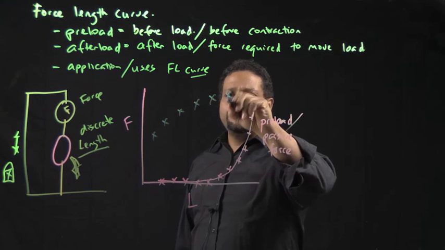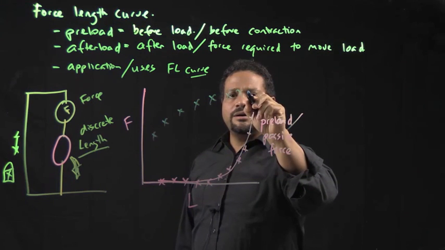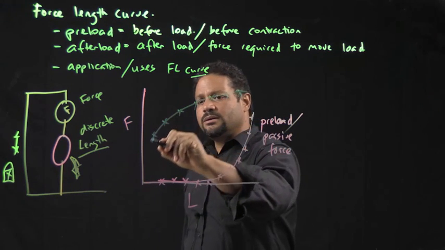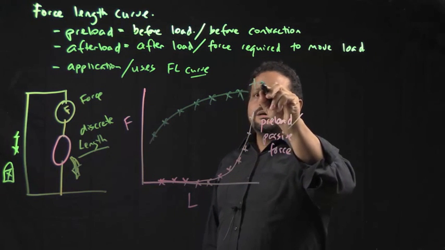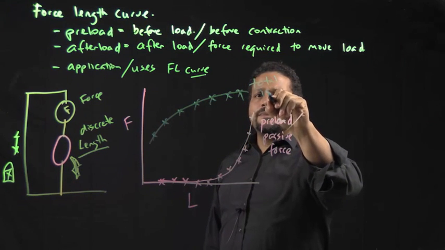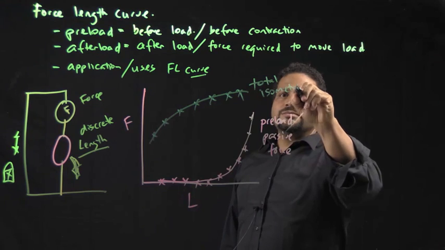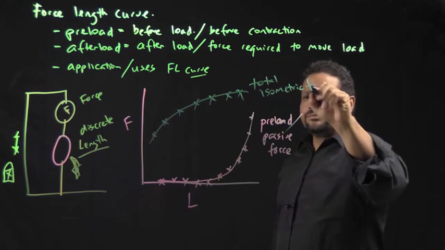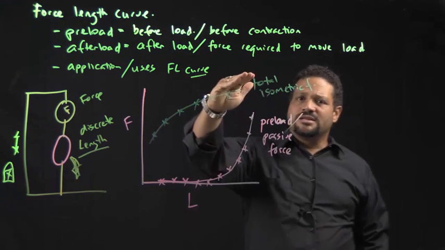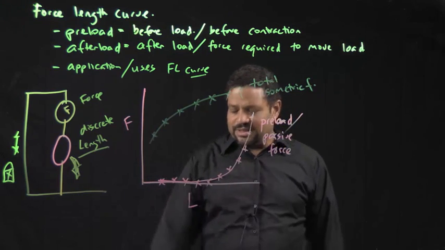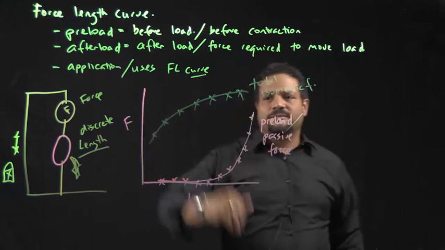And this goes back to your isometric curves. And this is your total isometric force. This is the total force that the muscle can generate at a given length.